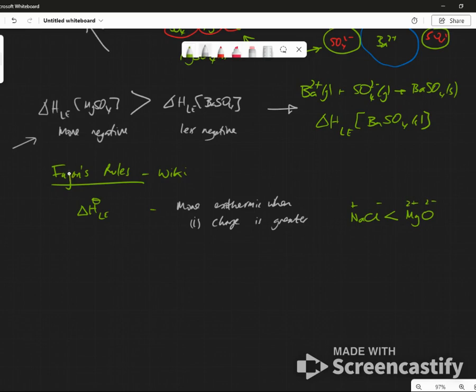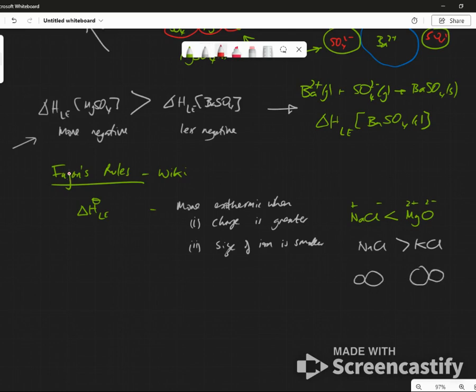And number two, Fajans rules, is the size of the ions. If the size of the ions is smaller. So let's have a look at this. Sodium chloride will have a greater lattice energy than potassium chloride, because when the ions are smaller, this is sodium, this is chlorine, this is potassium, and this is chlorine.